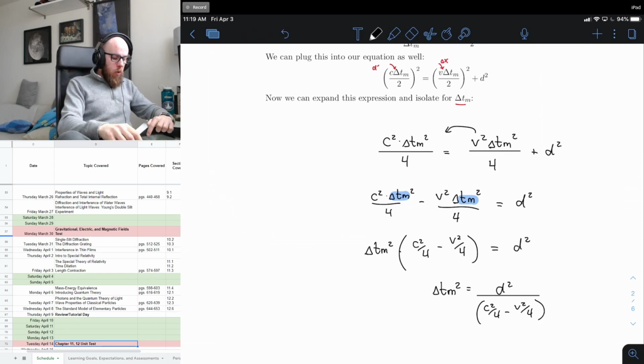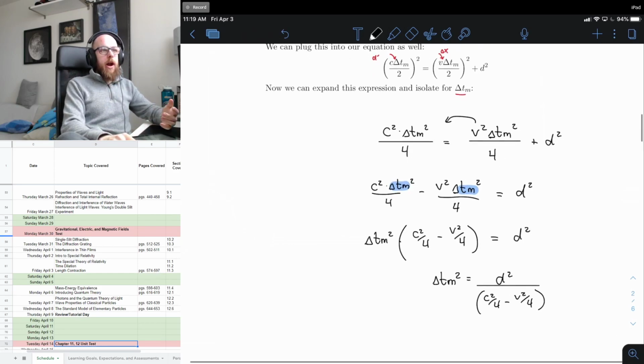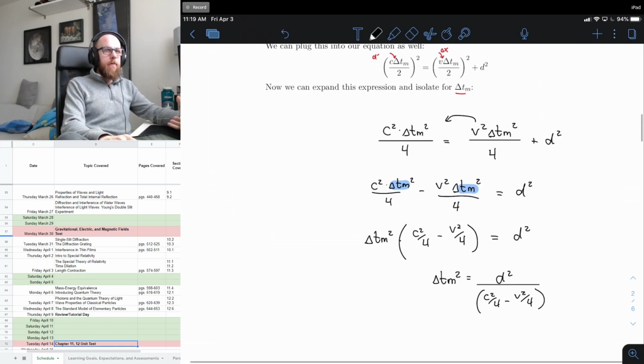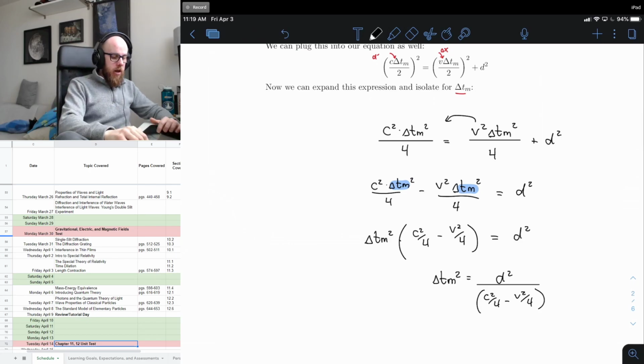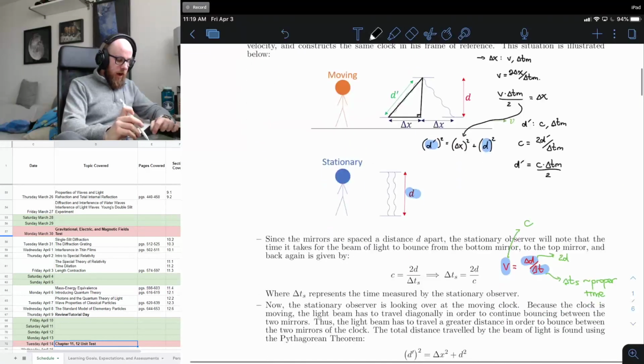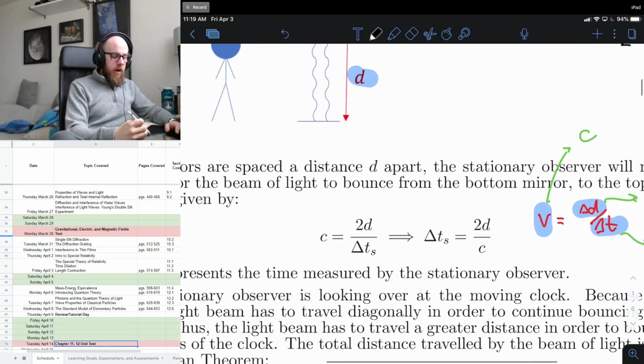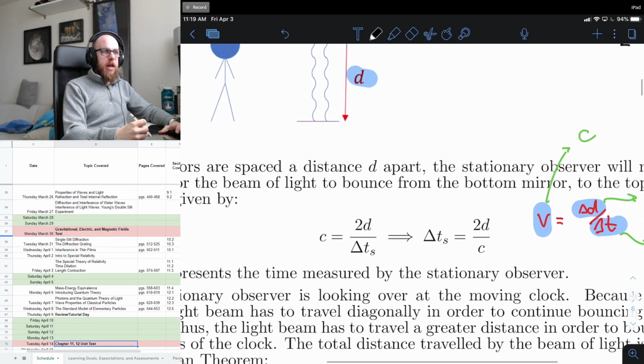But I actually know what d is. I developed another formula right at the beginning that uses the stationary observer's clock. Remember that? All the way back at the start, I defined the time it takes for the clock to tick for the stationary observer, so that's 2d over c.